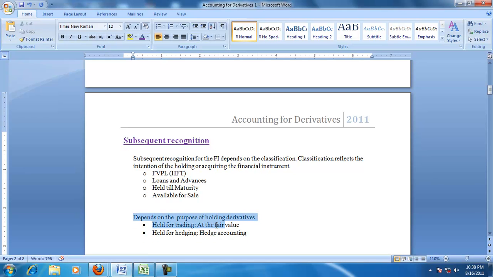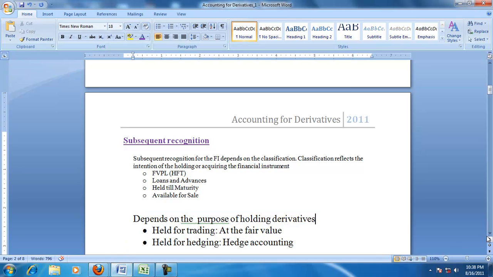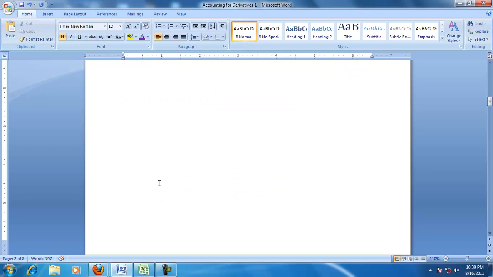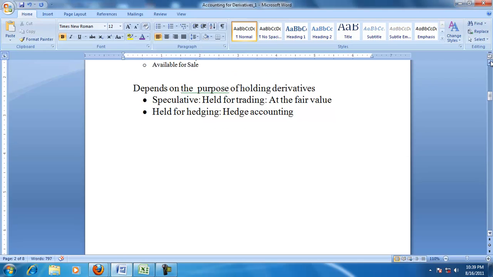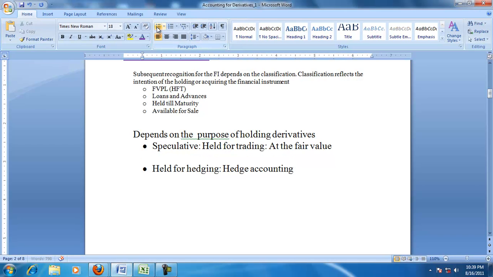The subsequent recognition of derivatives also depends on the purpose for which the derivative is held. So derivatives can be classified into two broad categories: held for trading, which is also called speculative, or held for hedging, which is non-speculative. If it is held for trading, it is like any other FVPL transaction and is shown at fair value.